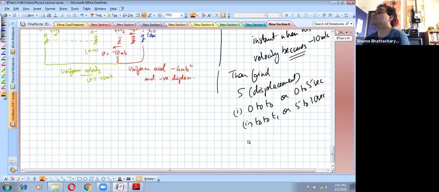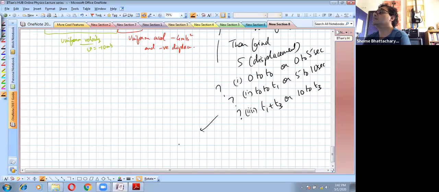And then also find the displacement from t1 to the time t3 that I mentioned, that is 10 to whatever t3 you would have calculated in the first part. Calculate these, and then apply the condition that the net displacement, from 0 to t2, has to be how much. That is how we'll get the final unknown quantity.